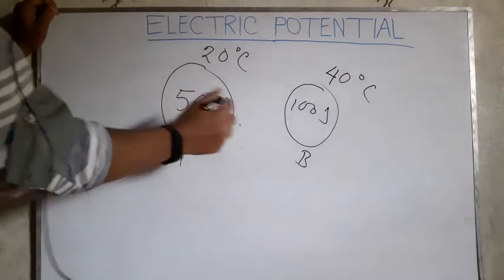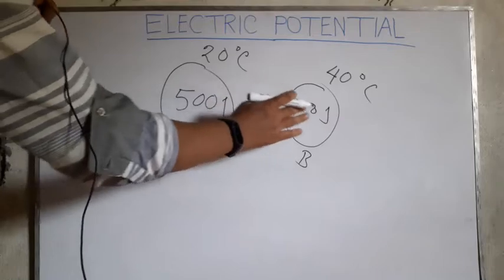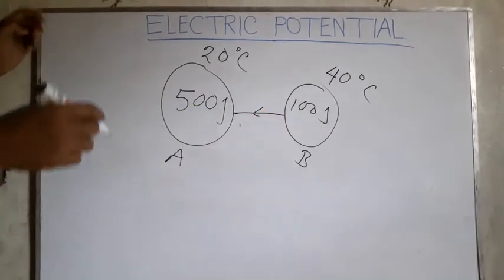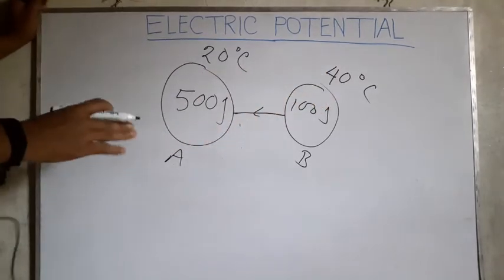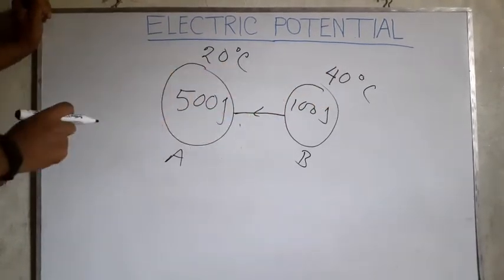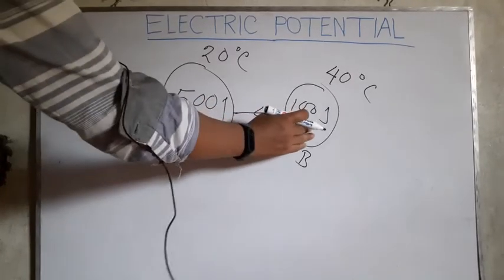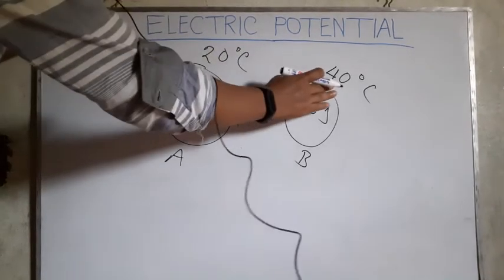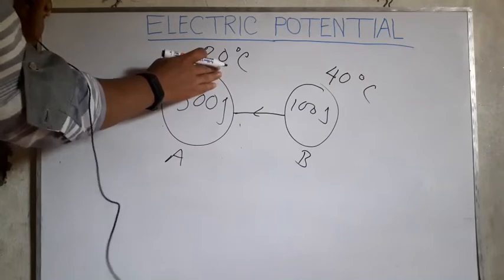If we connect these two bodies, then heat will flow from body B to body A, because the flow of heat depends on temperature, not on the amount of heat. Here the amount of heat is 500 joule, but here the amount of heat is 100 joule, but its temperature is 40 degrees Celsius and its temperature is 20 degrees Celsius.